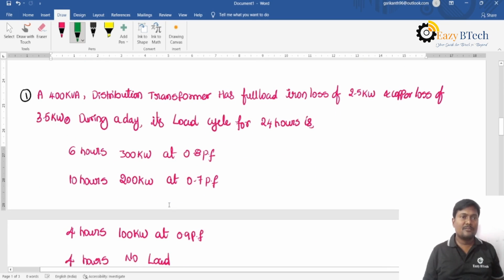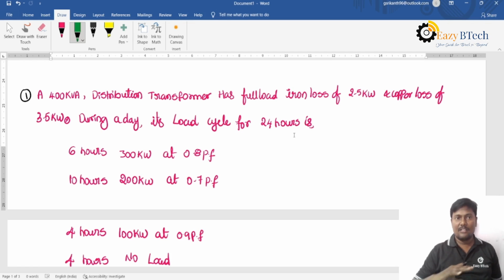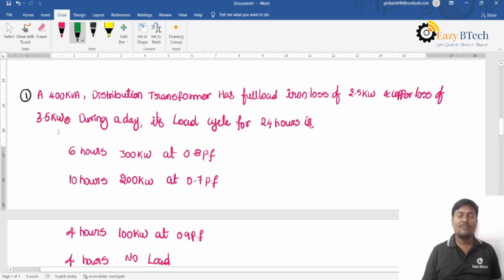Coming to one problem: a 400 kVA distribution transformer has a full load iron loss of 2.5 kilowatts. The iron losses take place throughout 24 hours because the input supply is available to the distribution transformer. The copper losses are 3.5 kilowatts. The copper losses vary with the load because copper loss is directly proportional to I square.